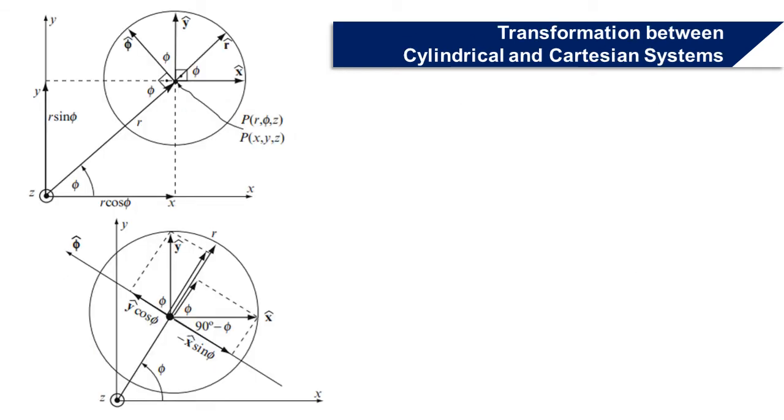How do we transform between cylindrical and Cartesian systems? This particular segment in this video is very important kasi andito yung formula kung paano tayo mag-transform between cylindrical and Cartesian systems. Okay, so paano nga ba?